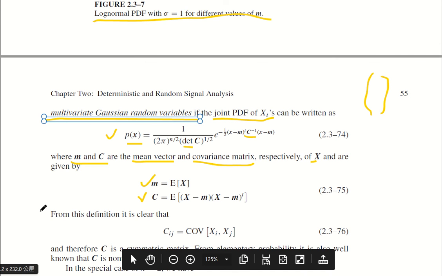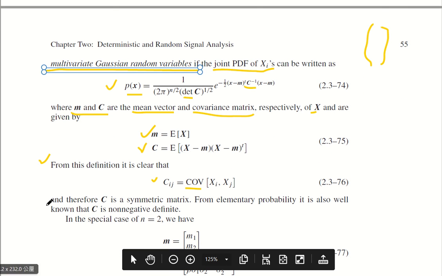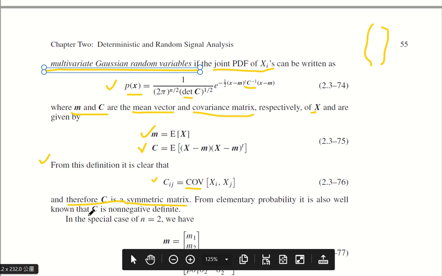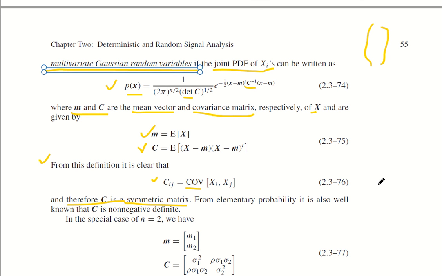So from this definition, it's clear that Cij is the covariance of xi and xj, and C is a symmetric matrix. From elementary probability, it's also well known that C is non-negative definite. It's just a little bit away from positive definite.